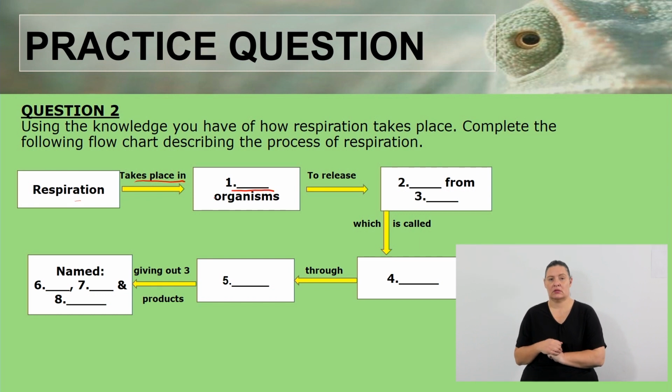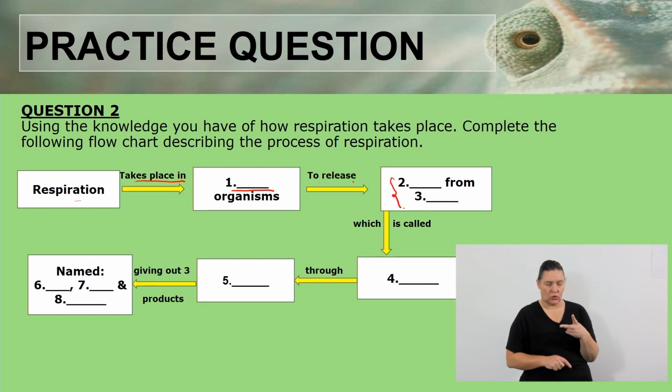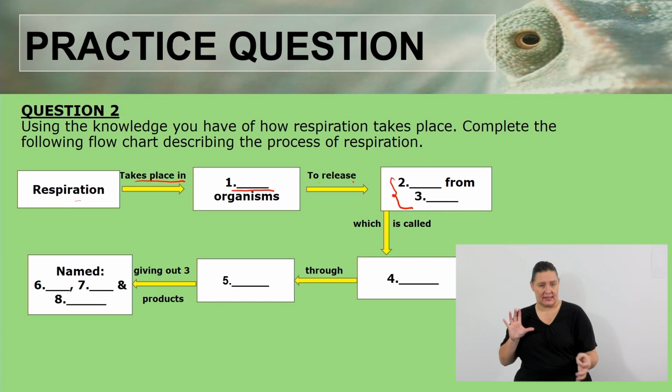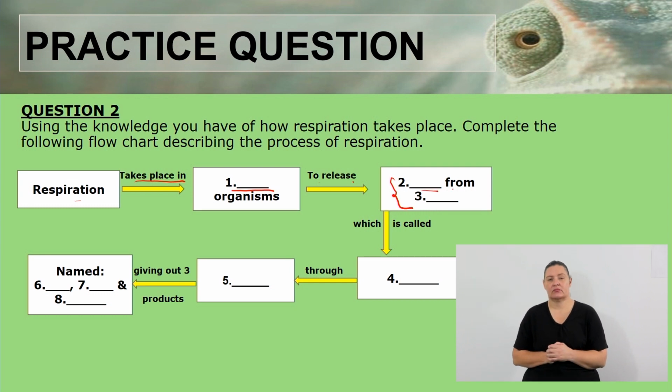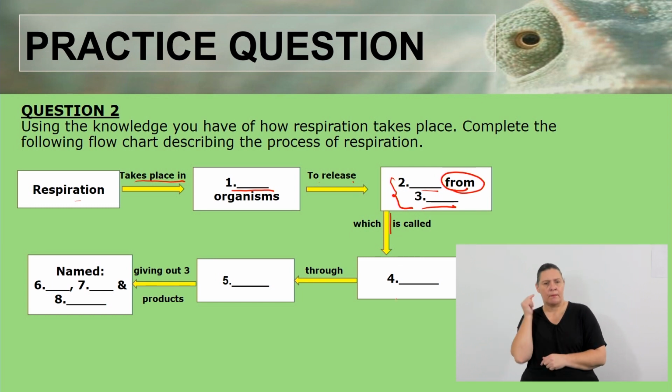So it takes place in organisms to release. There's two things that need to be released. So it releases from, so where is it released and what is being released? Now moving on to the next one, which is called number 4. So we don't know what that is called.